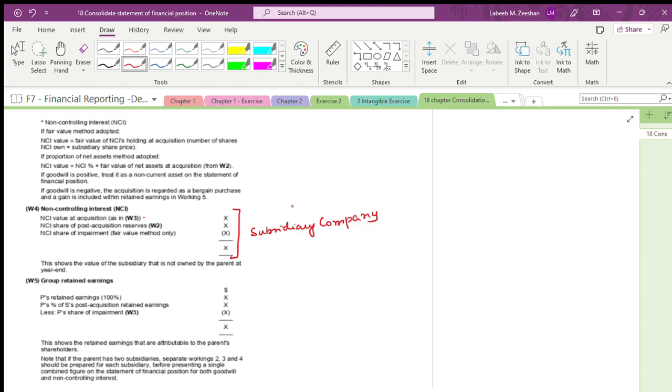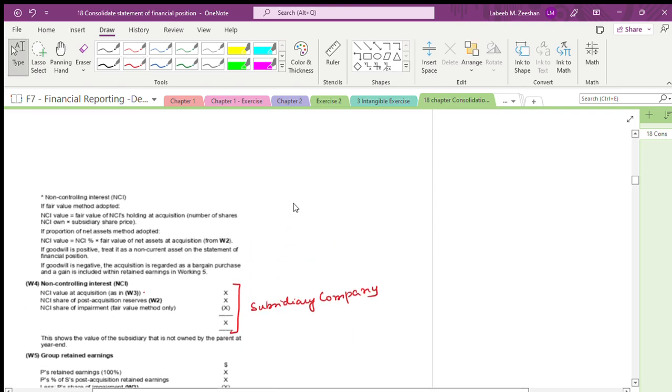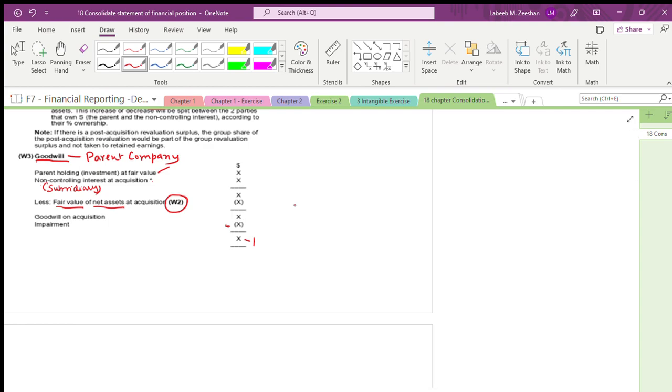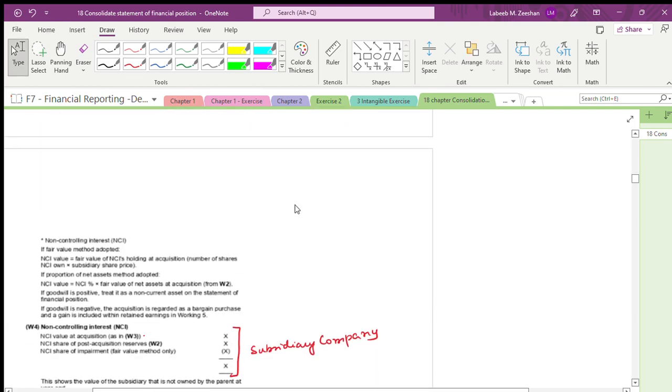We'll take the reserves or profits of the non-controlling interest. Assume, if it is 80%, it belongs to whom? Assume 80% belongs to the parent company, and the balance 20% of shares belongs to the non-controlling shareholders of the subsidiary company.